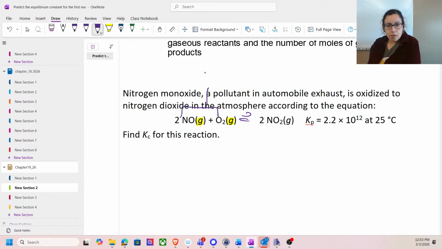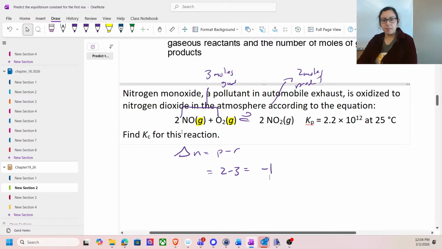So we have 3 moles of gas in our reactant, but then we only make 2 moles of gas in our product. So I'll at least give us our change in n, just products minus reactants. So we have 2 minus 3, which is a change in n of -1 for our number of moles.